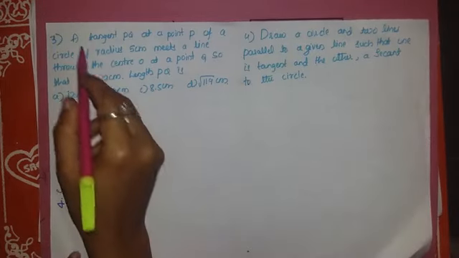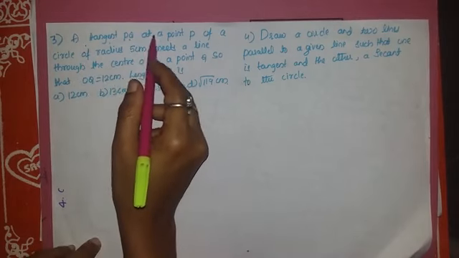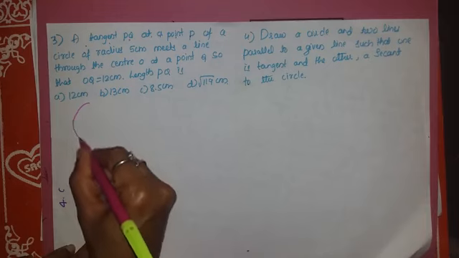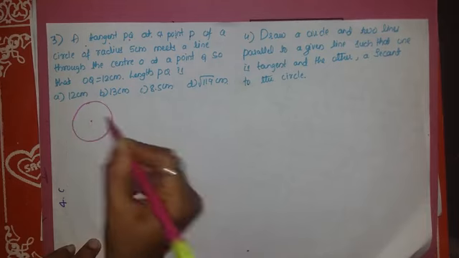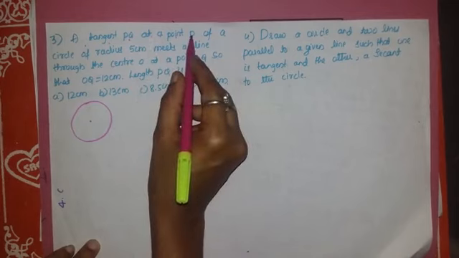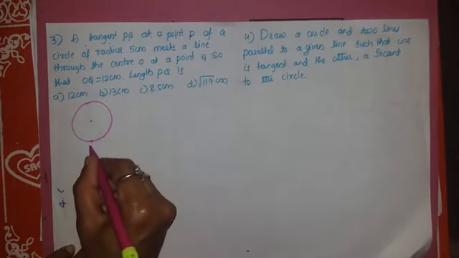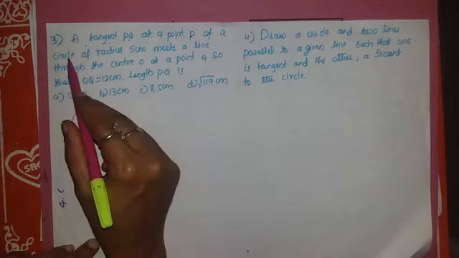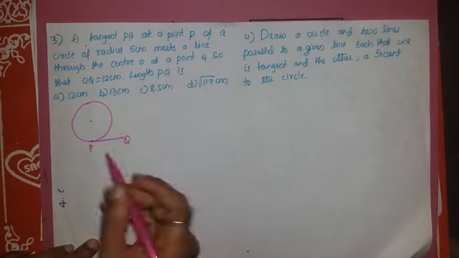Third question: a tangent PQ at a point P. Consider this is a circle. PQ is a tangent at a point P of the circle, so P is on the circle.